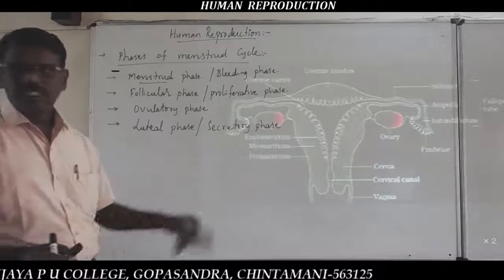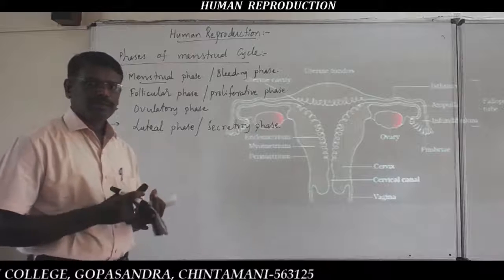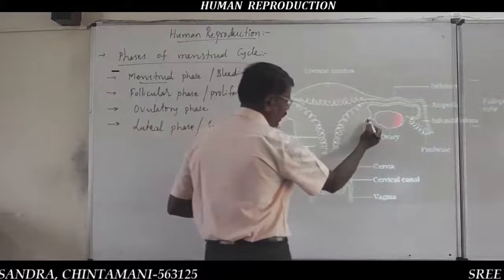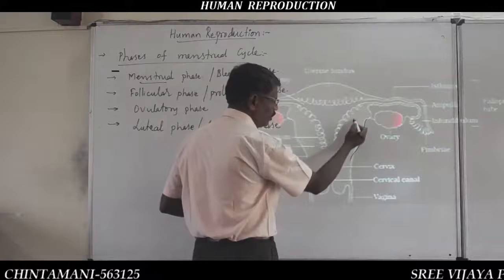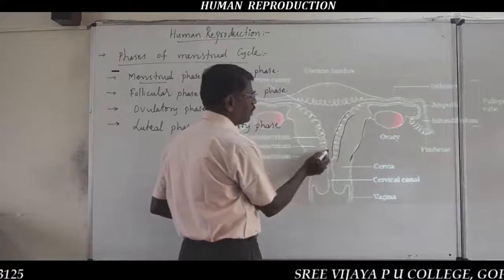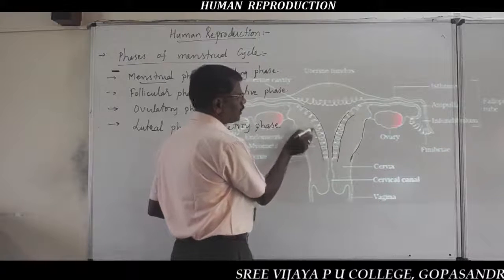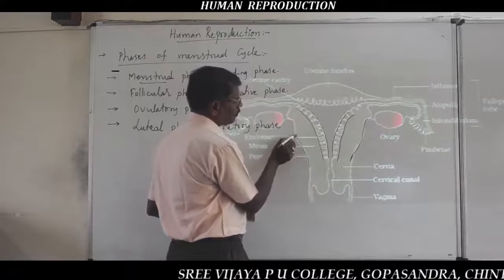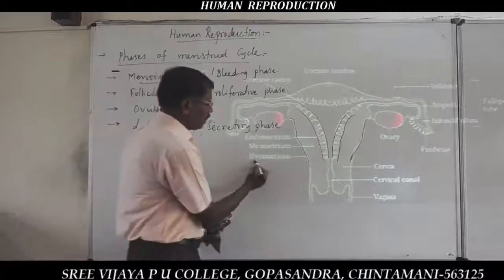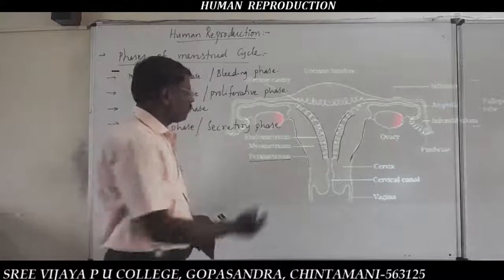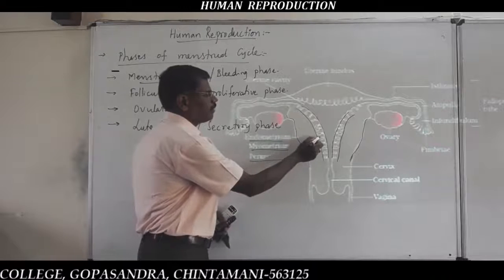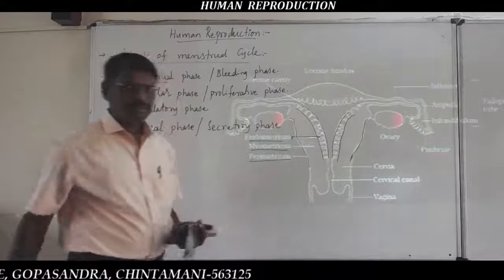see here, it is the female reproductive system. As we already know, the uterus is covered with three layers: the outer perimetrium, the middle myometrium, and the inner endometrium. This is the endometrium.